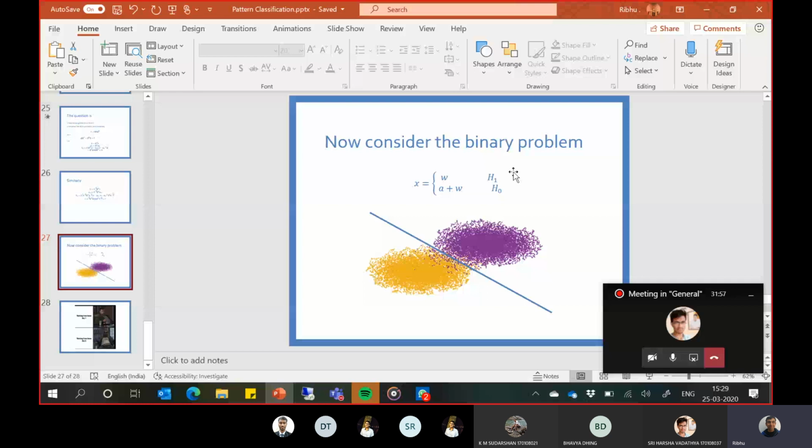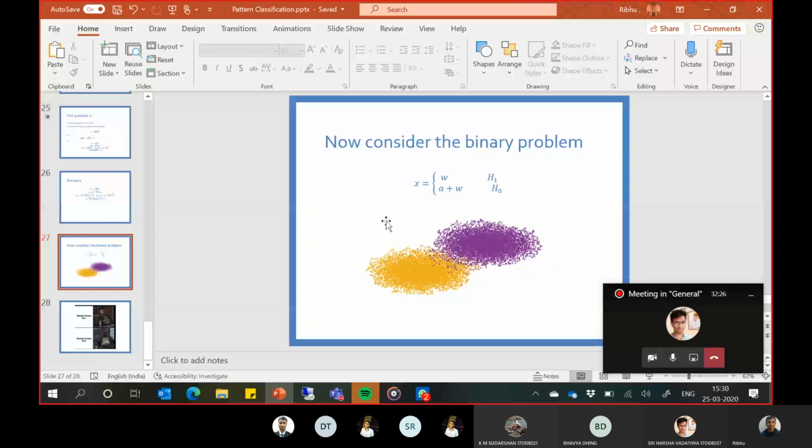One, you see nothing but noise. Two, you see some data plus the noise. So the yellow cluster is nothing but the noise, and the purple cluster is data plus noise. And you want to know whether a point that you encounter comes from the yellow cluster or from the purple cluster.